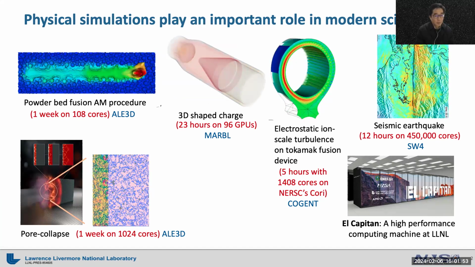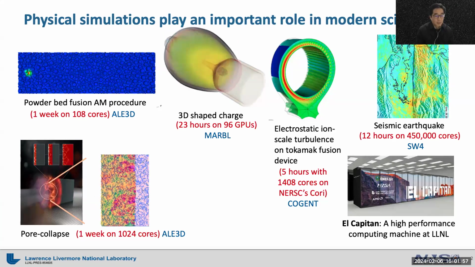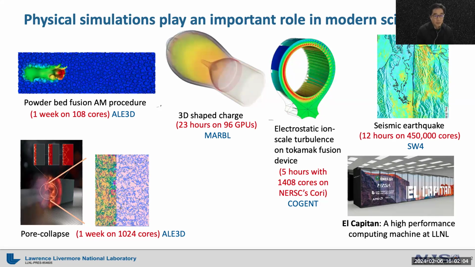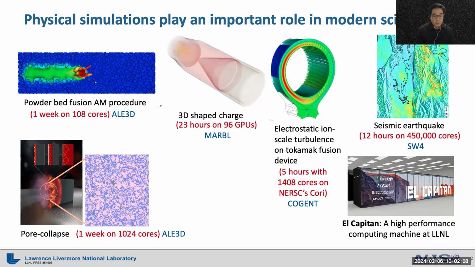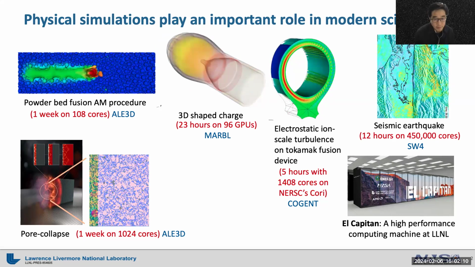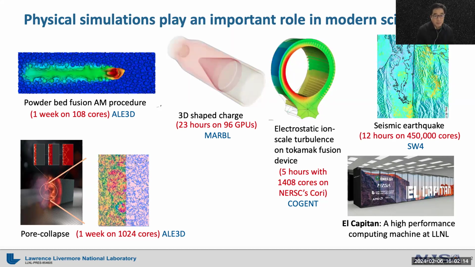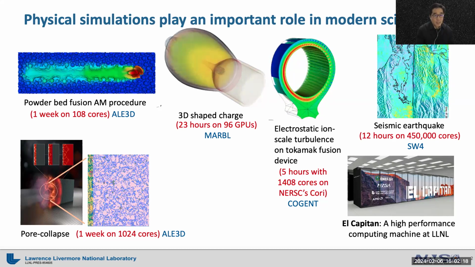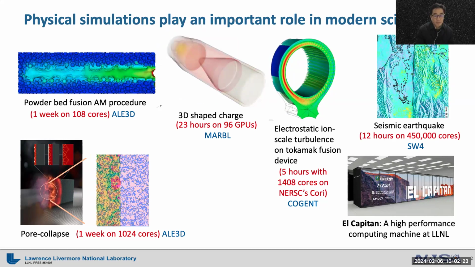At Lawrence Livermore National Lab, we have many complex simulations: 3D printing process simulation, 3D shaped charges simulation, tokamak electrostatic ion scale turbulence simulations, seismic earthquake simulation, and core collapse simulation. All those are examples which are computationally very expensive.